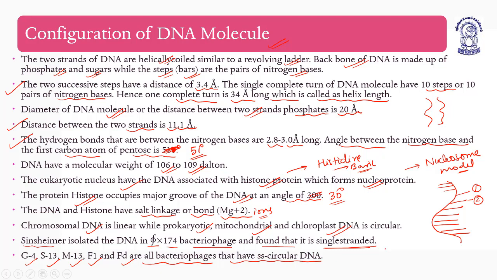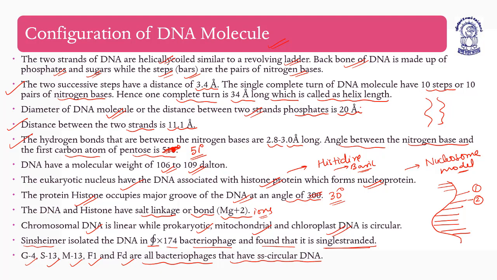Now, the things you have to remember: first, the distance between the phosphates of two individual strands is 20 angstrom. The distance between two individual strands is 11.1 angstrom. The angle between the first carbon and the nitrogen of the nitrogen base is 51 degrees. The molecular weight is 10^6 to 10^9 daltons.